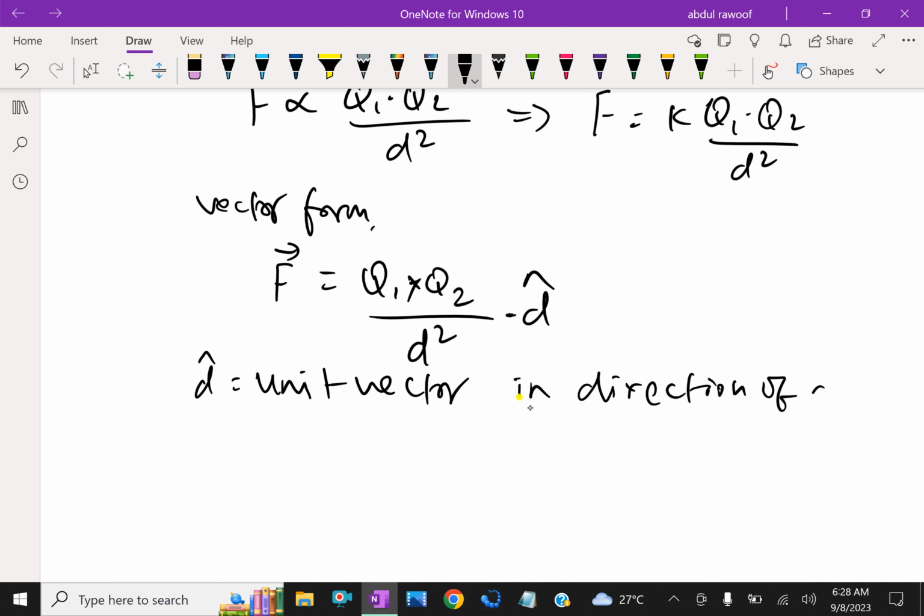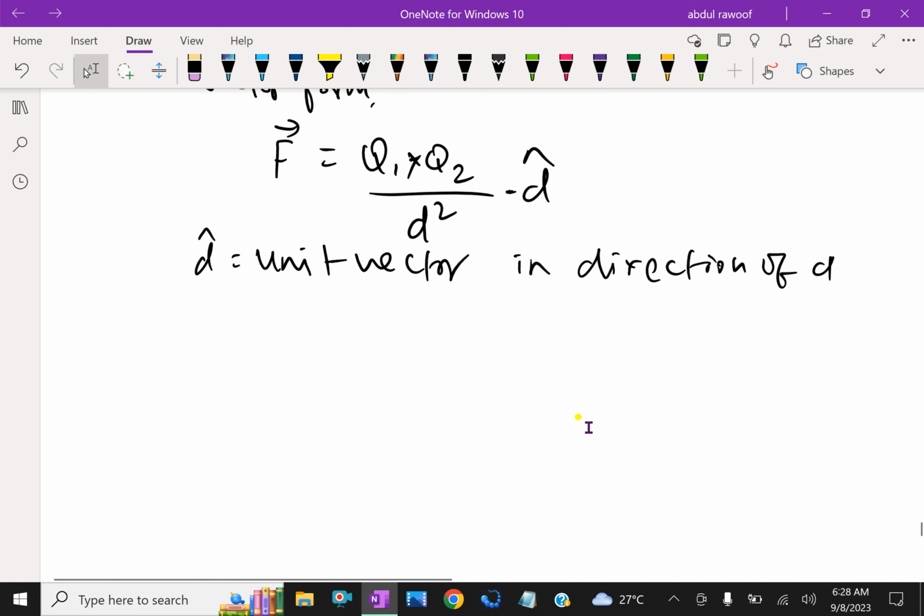Now suppose two charges q1, q2, we can say force vector F from 2 to 1 is equal to k q1 q2 over d12 square.